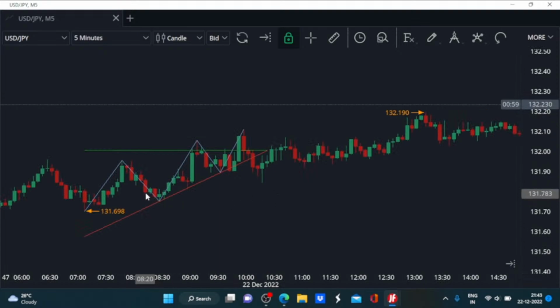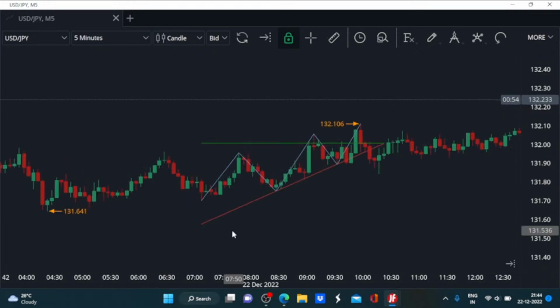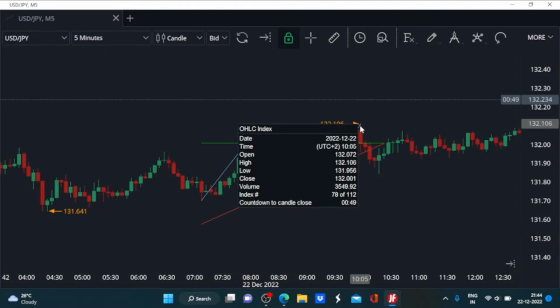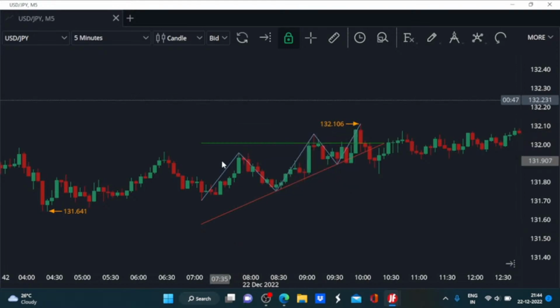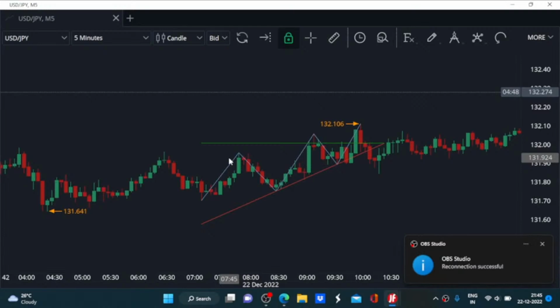Now, if we consider this formation here, it simply takes into consideration the price action where there is a rise. The swing highs are higher and higher. We compare the recent swing highs, and it should be with a shallower correction at that. And this makes the formation quite interesting.